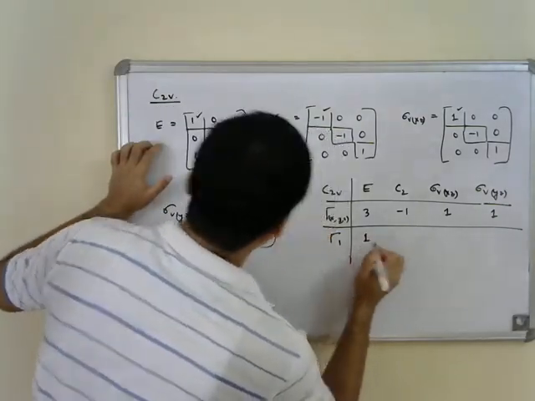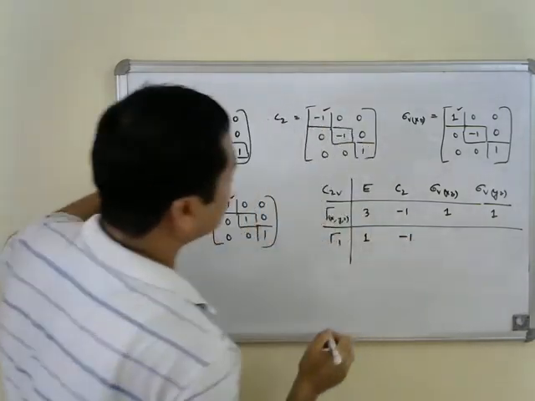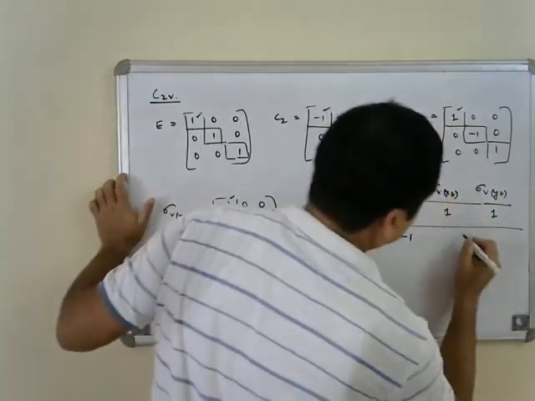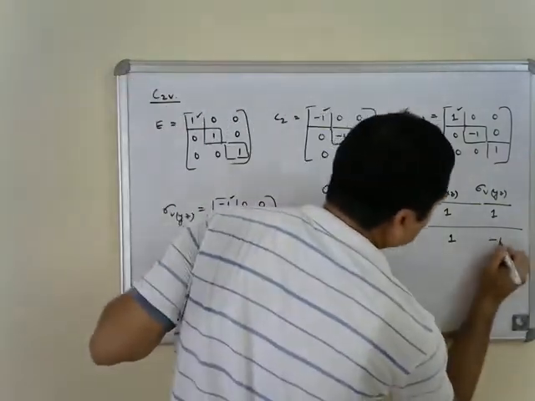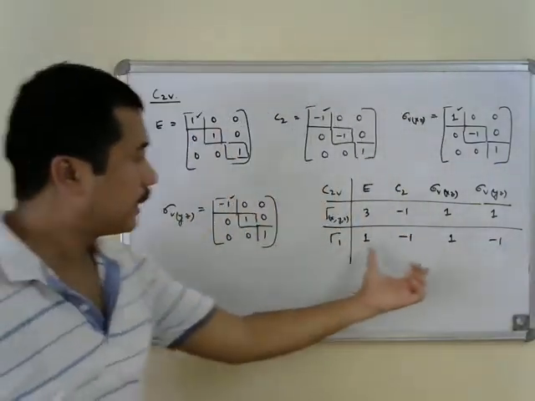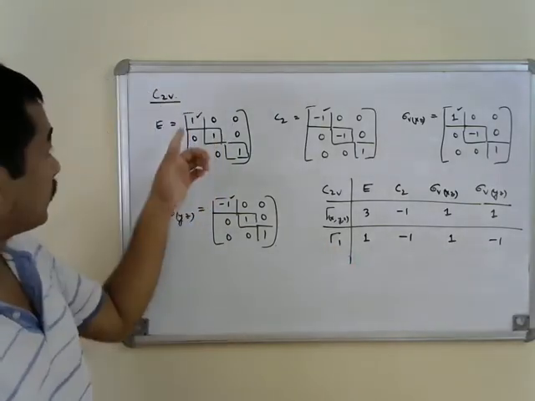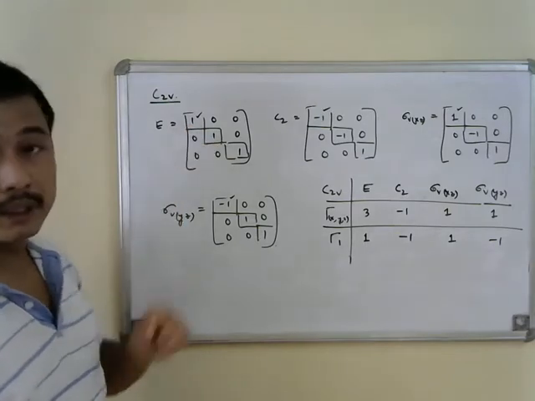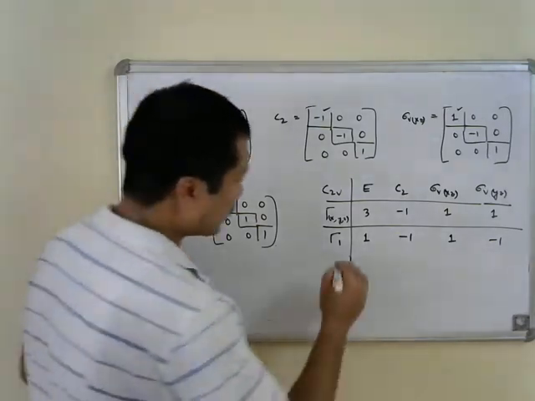The character of the matrix for identity is 1. For C2 it is minus 1. For sigma v xz it is plus 1. And sigma v yz it is minus 1. So this is an irreducible representation of the C2v point group, because we cannot block factorize these one by one matrices any further, because we have reached the final limit.